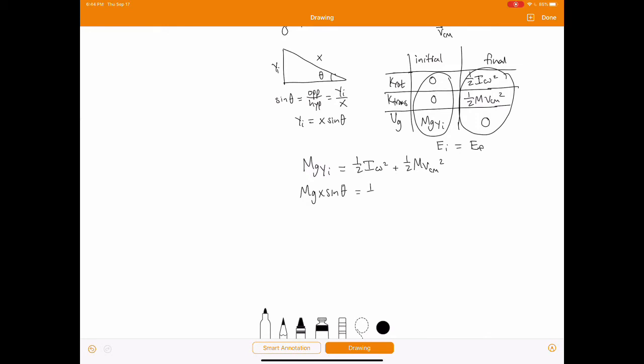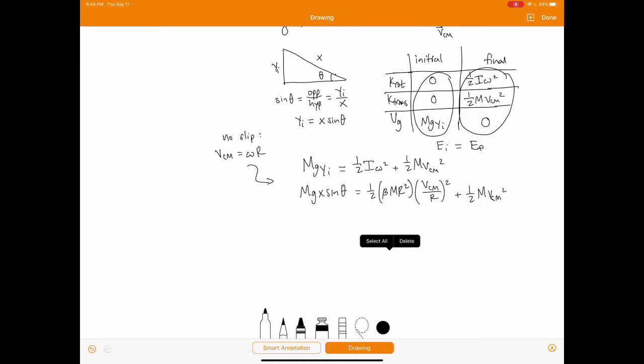On the other side, we have 1/2 times I, and I is equal to beta times m r squared. That's the moment of inertia. Then for omega, remember if the object is not slipping, let's say the no slip condition, VCM equals omega times r. That's the no slip condition. So if we apply that here, we can replace omega with VCM divided by r, and then we'll have to square that. And then I have 1/2 times m times VCM squared.